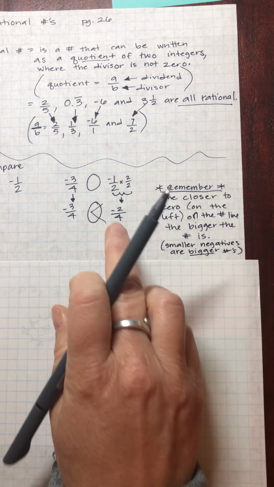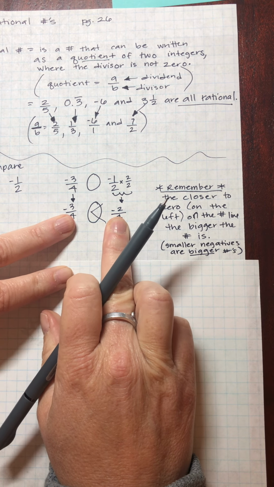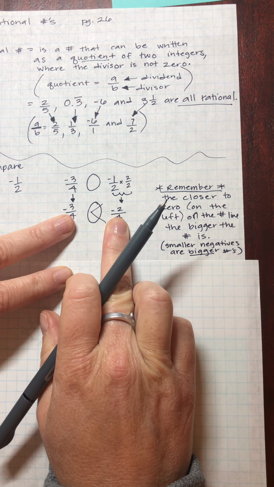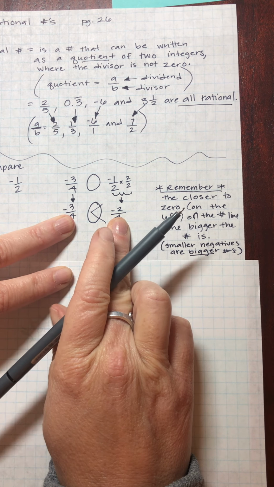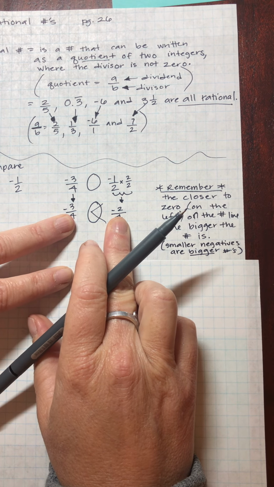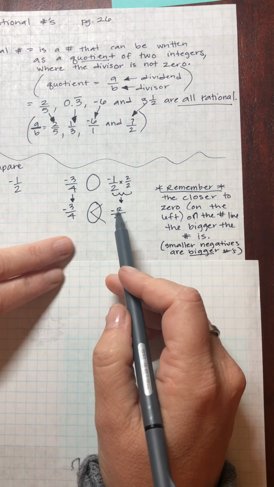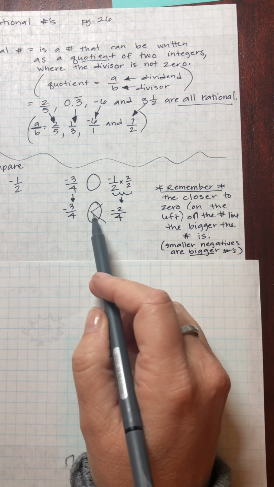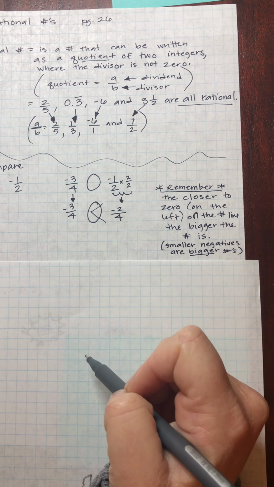And remembering, the bottom is the same, so we have -3 and -2 as our numerators to compare. The closer it is to 0, so the smaller it is actually the bigger it is, right? Opposites for our negative numbers. So -2/4 is our bigger fraction when we compare.